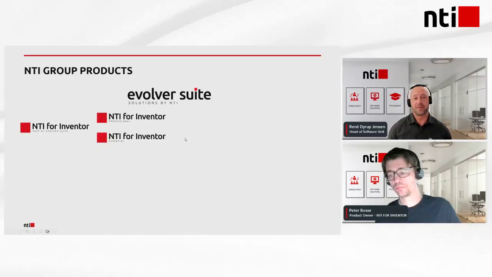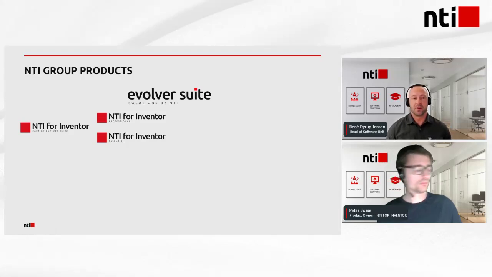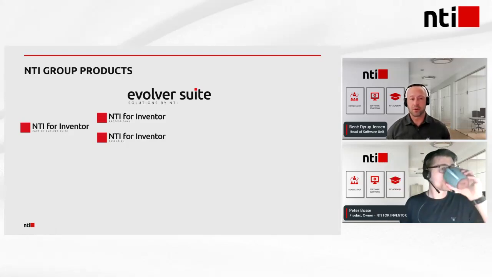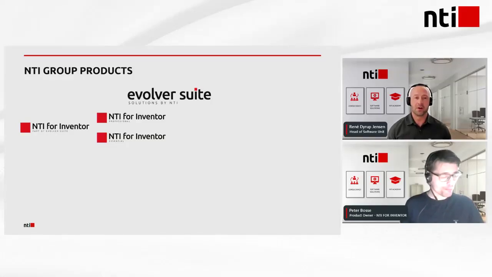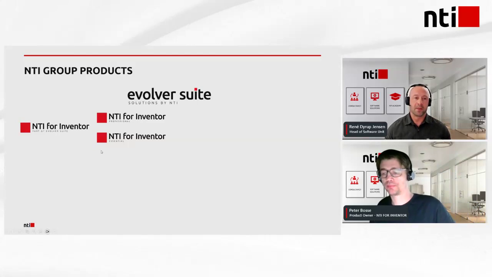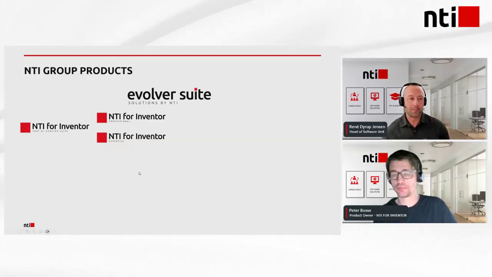On first hand, we have NTI for Inventor, which is basically just an add-in that we put on top of Inventor. It comes in 2 different flavors, a professional and an essential version. And of course, this is the product we will have focus on today. So I will let Peter give you all the details in a moment.